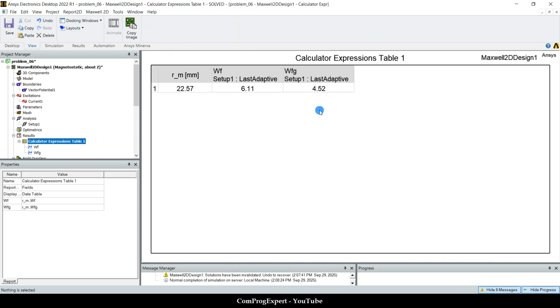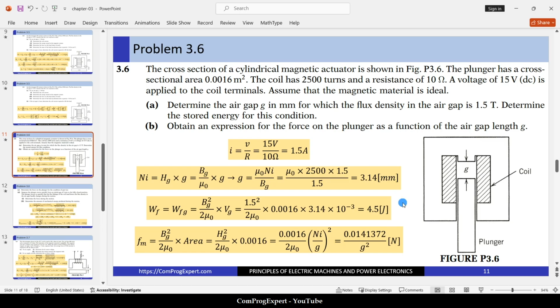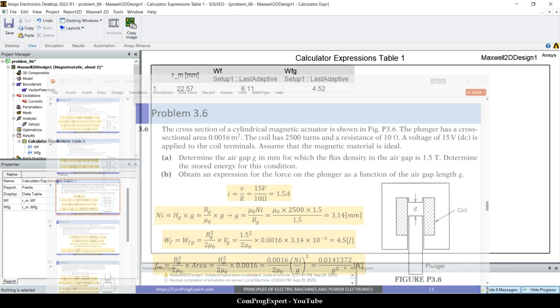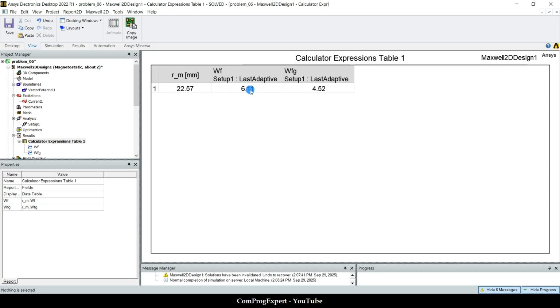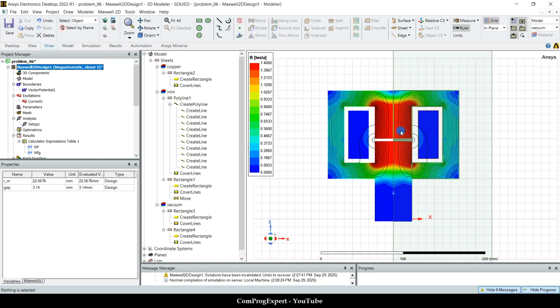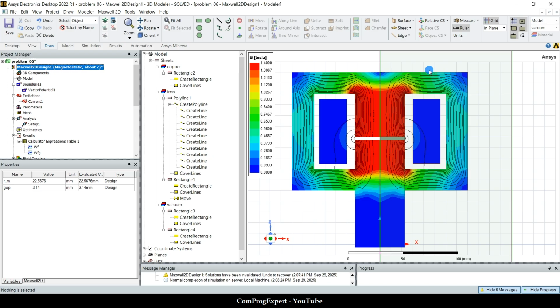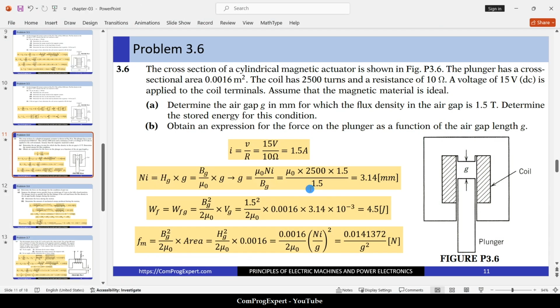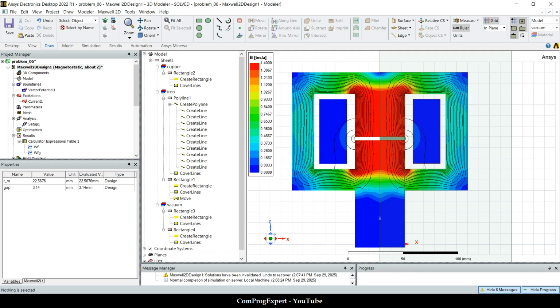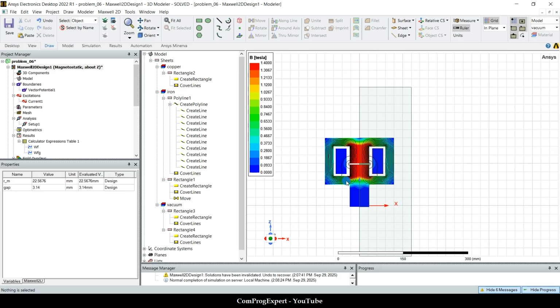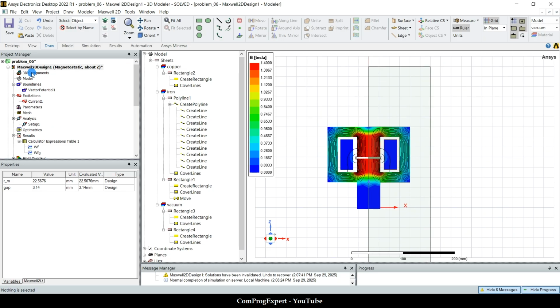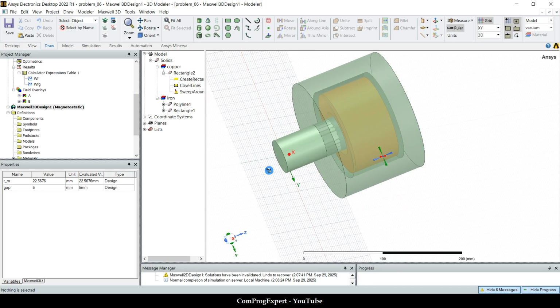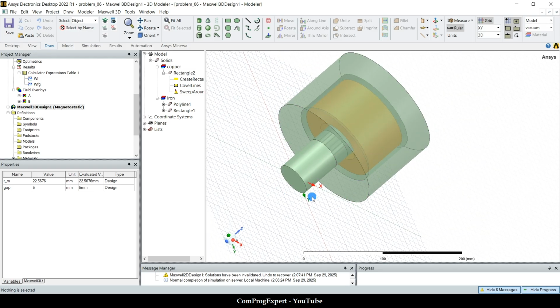As you can see here, the stored energy in the gap is 4.5, the same number that we calculated here, but we have this energy for all objects. The leakage flux energy is stored in other parts. So you can now realize the differences between analytic formulations and the exact calculations that we have using the finite element method.